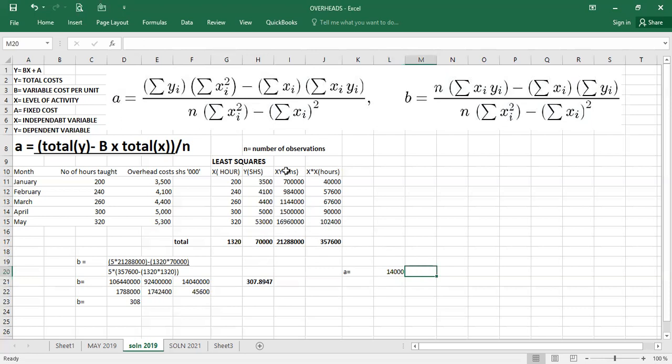Then we also get our x, which will be equal sign this divided by 5. So when you get the difference, you shall be getting this minus this. So this is our A.